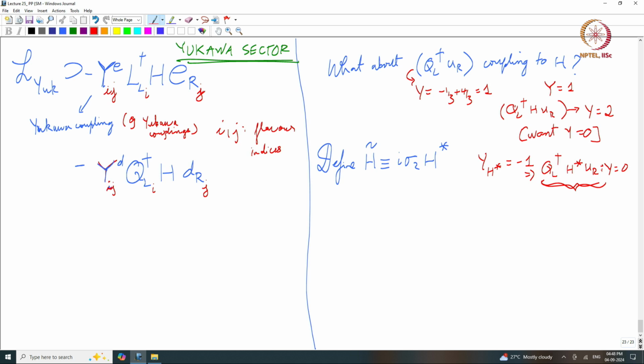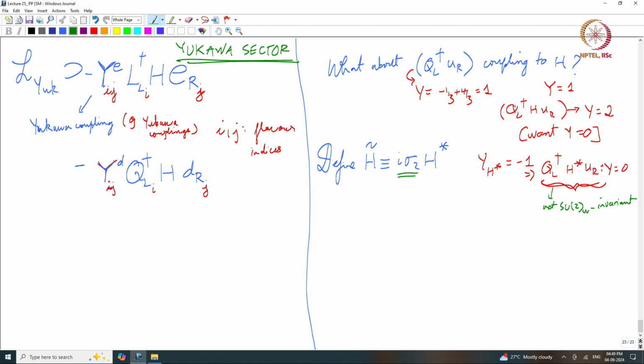Why? Because this term is not yet SU2 invariant. It's not yet gauge invariant under the SU2. I have to do something slightly different in order to get an SU2 invariant term. And it turns out that that slightly different thing is this, and it will become intuitively clear when I work out what happens under SU2 transformations. Okay?